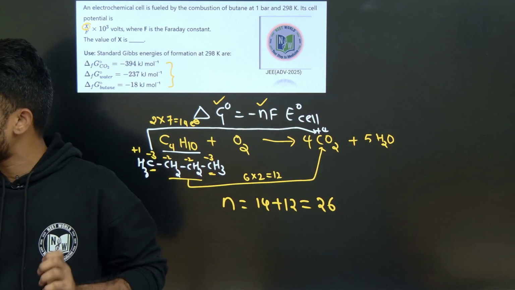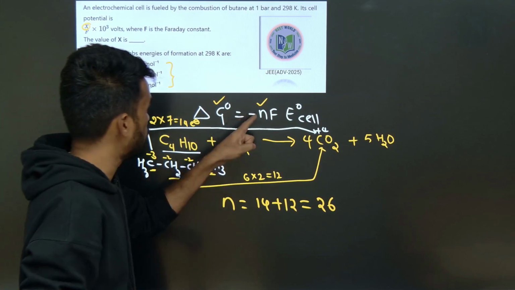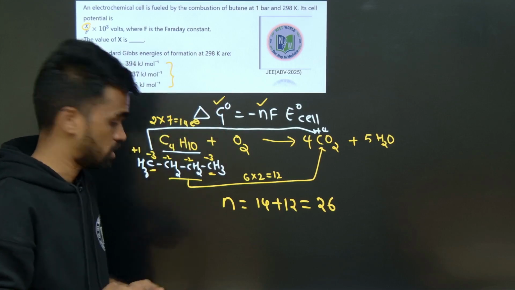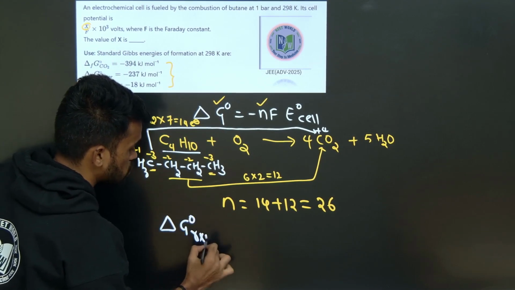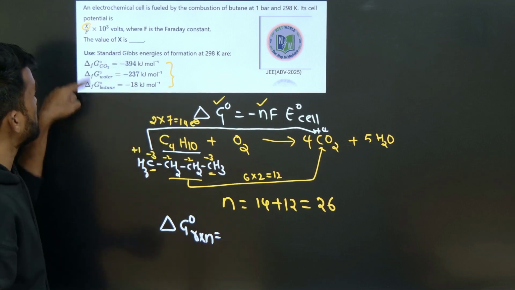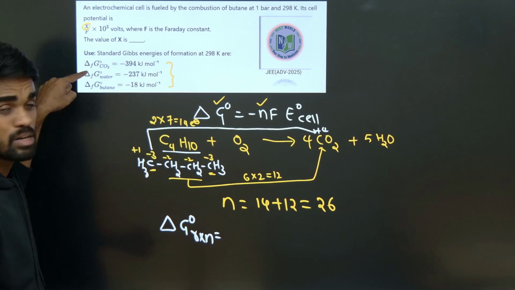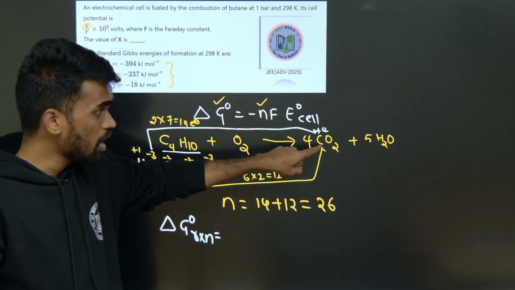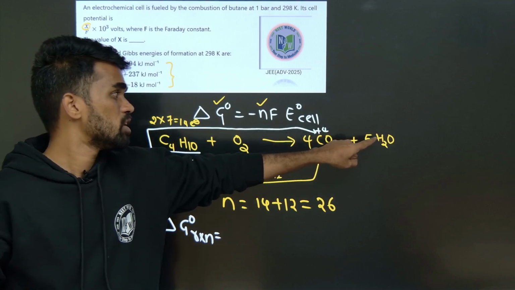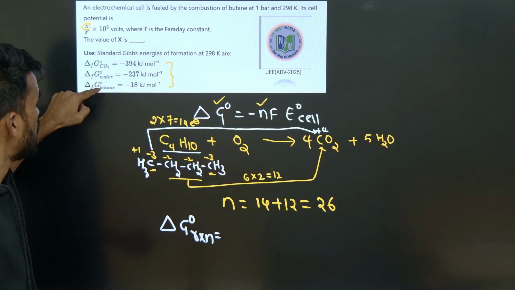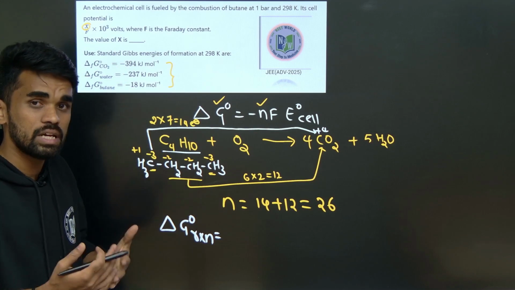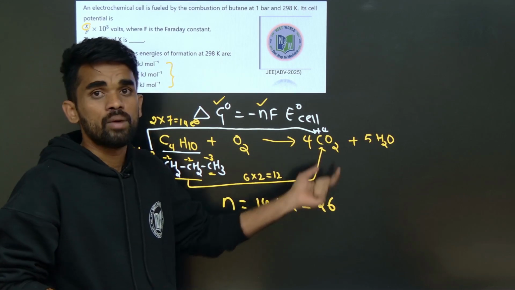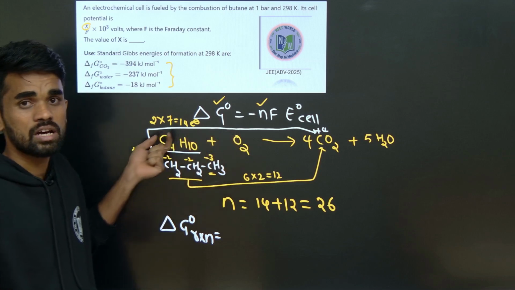Now what is the required thing we need to find? We got the N value, and we require delta G naught. How can we write delta G naught of the reaction? They have given the formation data, delta G F, the formation of CO2, the formation of water, and for butane also they mention. Whenever formation values are given, we take delta G F of products minus delta G F of reactants.